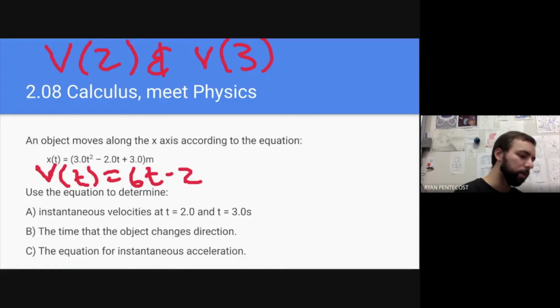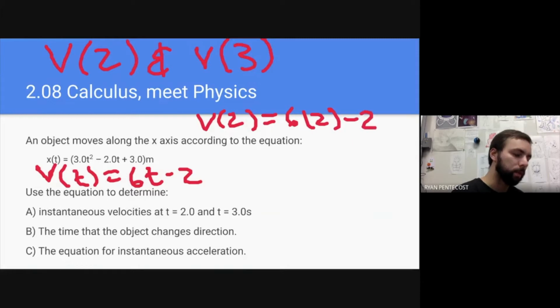So if we want v of 2, we would plug 2 in for t. 6 times 2 minus 2, that would be 12 minus 2. That would give you 10, right? 10 meters per second. I don't have enough room to write it, but imagine there's a unit there.